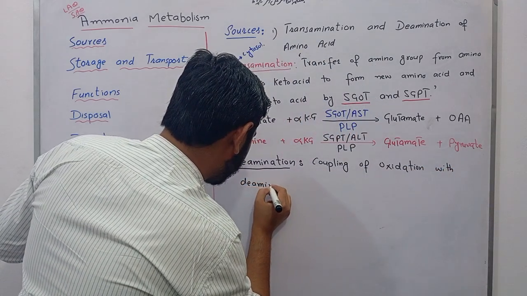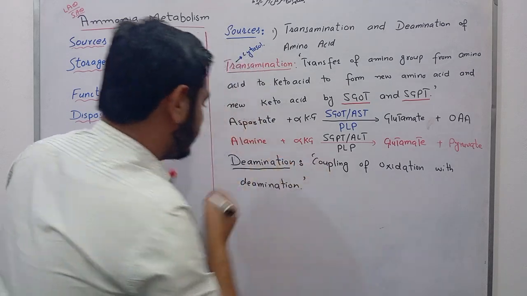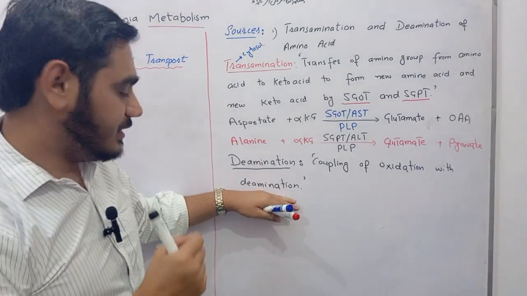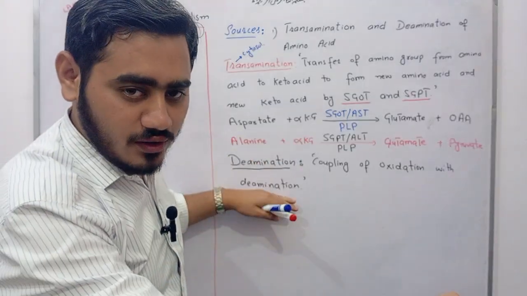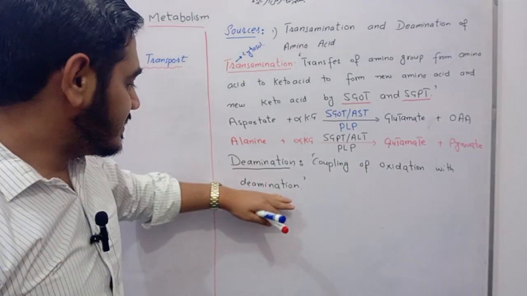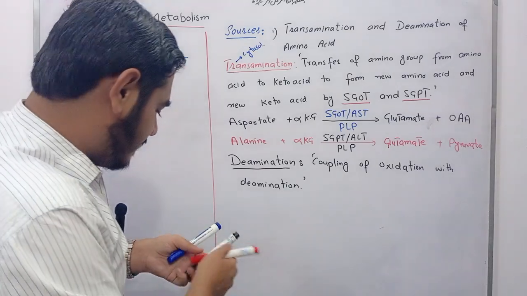It is called oxidative deamination. The coupling of oxidation with the deamination. Deamination means removal of ammonia. This is called deamination. Okay, now let's see with the example.